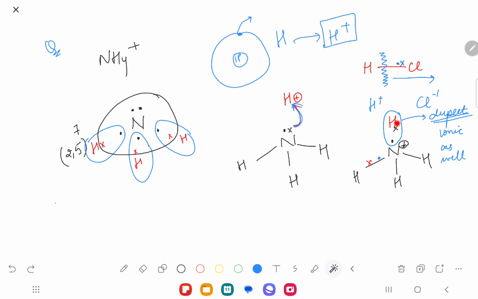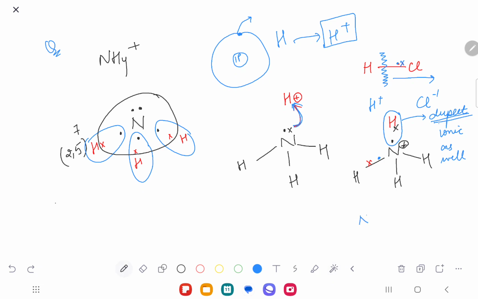But during sharing, it seems that hydrogen is bringing its own electron and nitrogen is bringing another electron. So this sharing of electrons is called a coordinate bond. A coordinate bond means that only one atom brings both the electrons in the sharing, and H plus is just coordinating and becoming a part of the bond, though none of the electrons are brought by hydrogen.